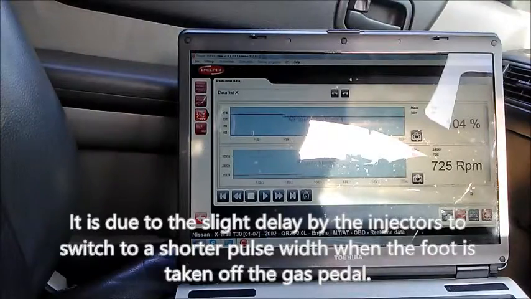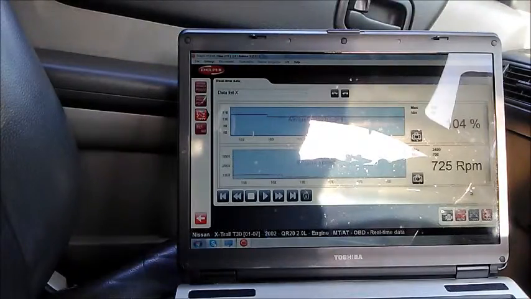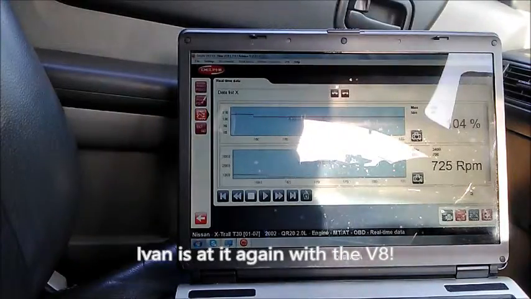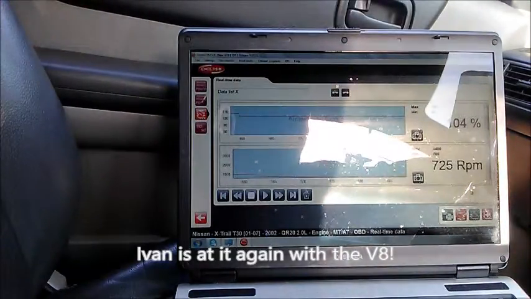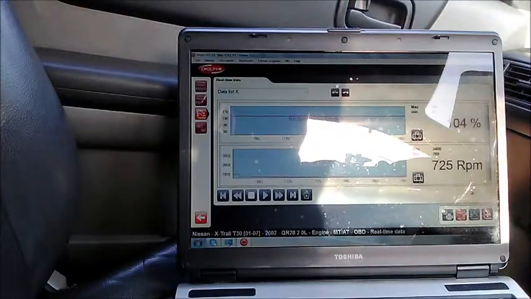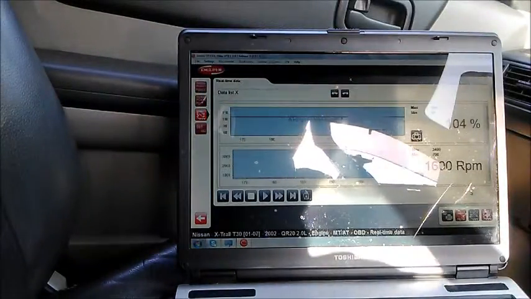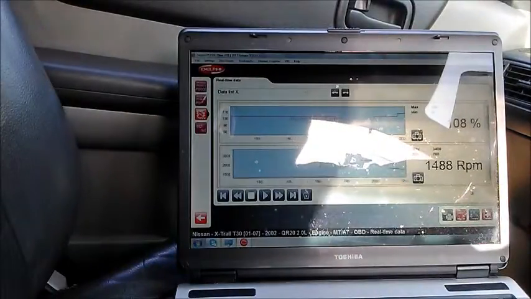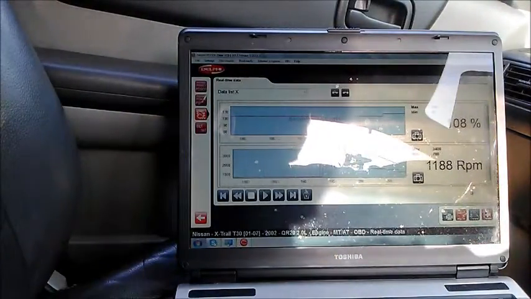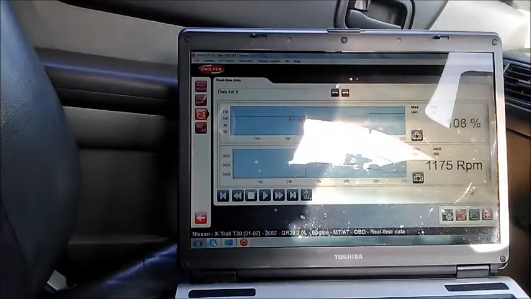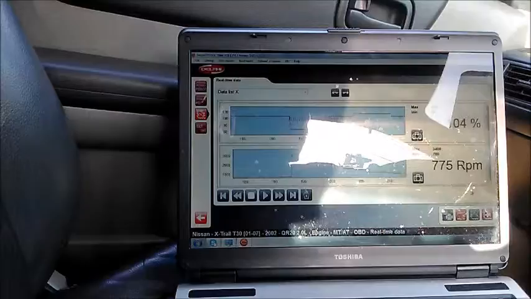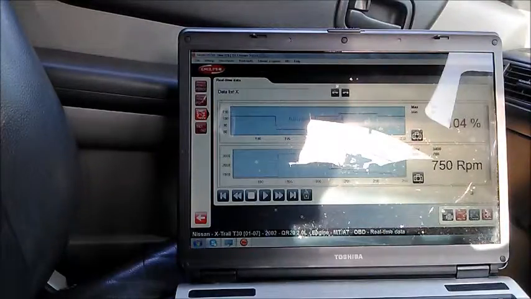That's still at 104. So it looks very near normal at idle, but at RPMs higher than 2000, it goes lean. So this could, thinking very quickly, to me this could mean either a bad mass airflow sensor or fuel related issues.